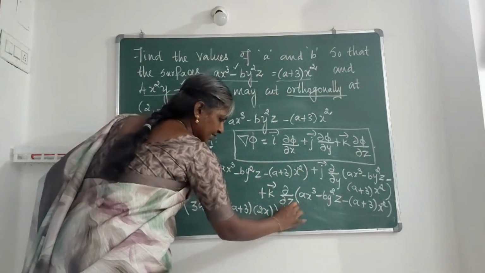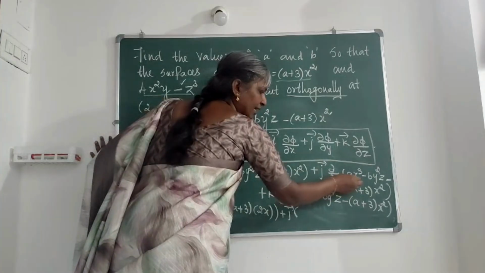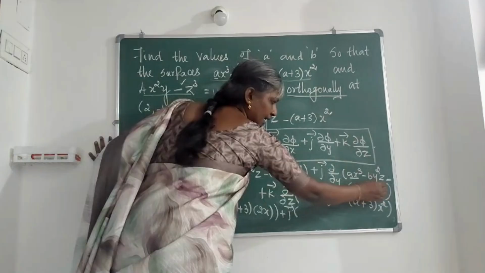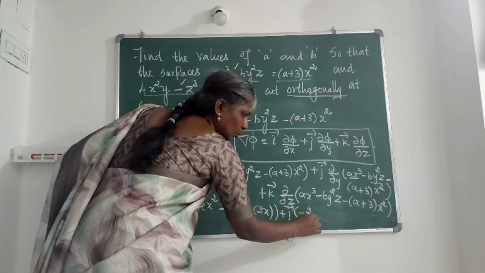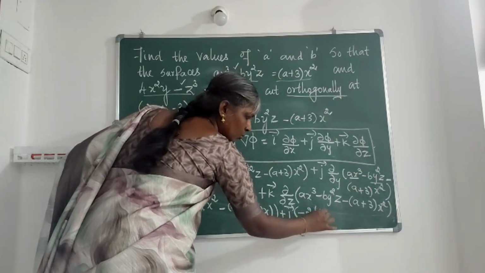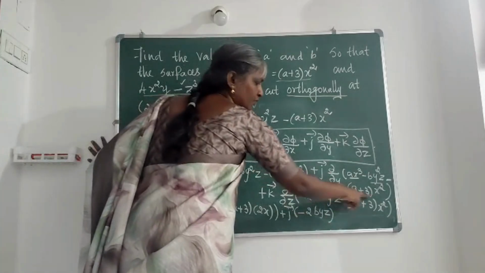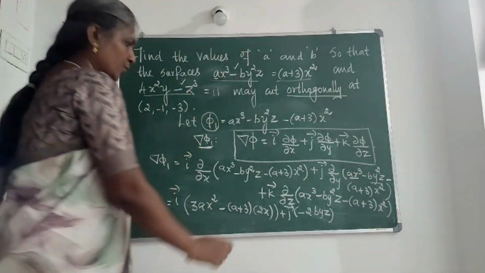Plus j vector of ∂/∂y of, here we are not having any y term, so automatically that becomes 0. Here we are having a y term, so minus 2byz. Next term also we are not having any y term, so the differentiation is nothing but 0.